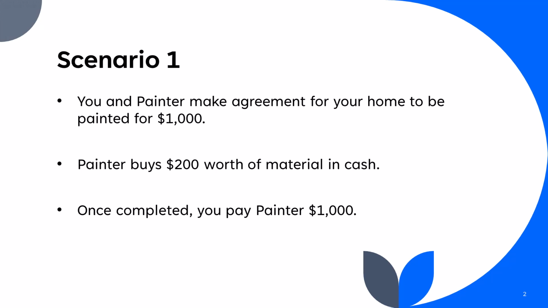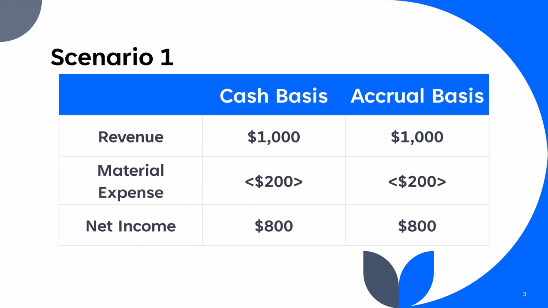Under this example, under the cash basis of accounting, the painter would recognize revenue of $1,000 and he would recognize expense of $200 because he received the $1,000 in cash from you and he paid for materials of $200 and his net income would be $800.